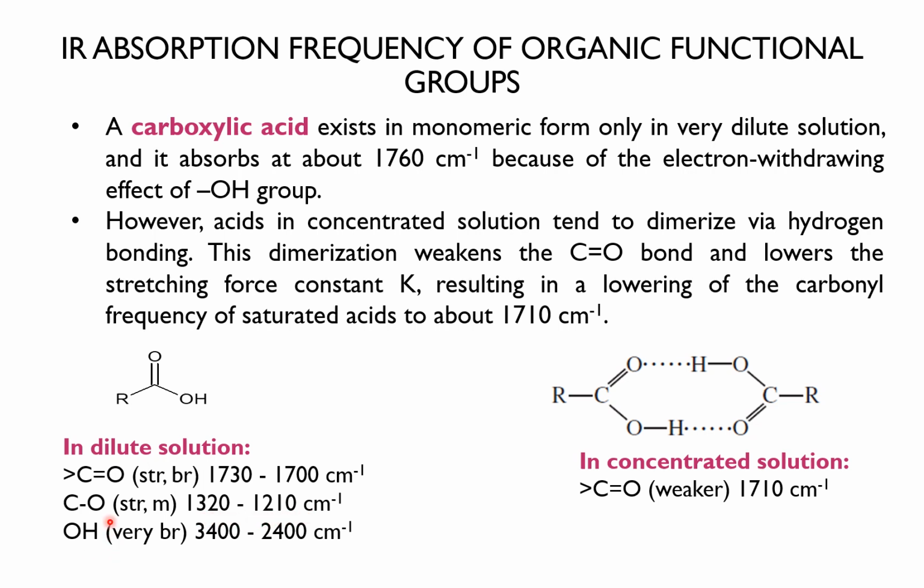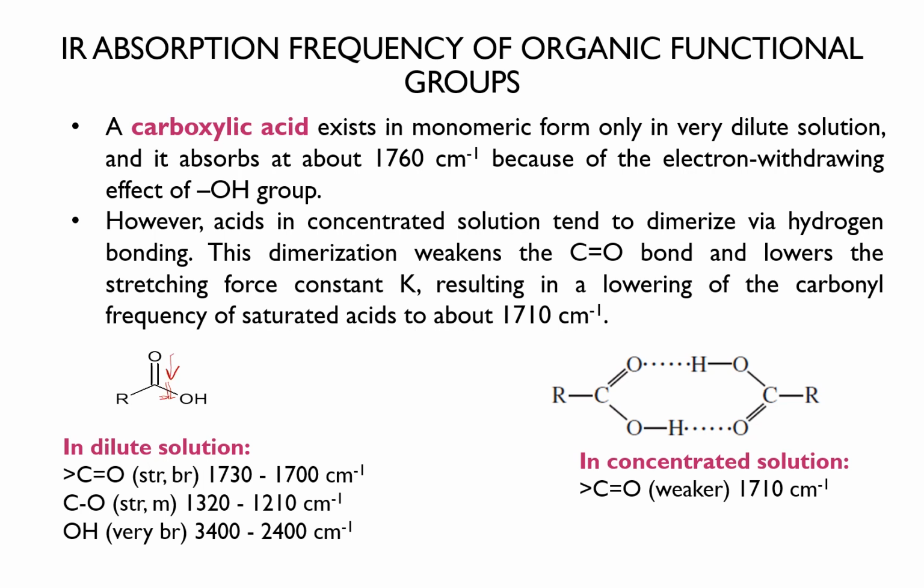And as I said, in the OH stretch region, we will get a very broad band for hydroxyl group, which is in the range of 3400 to 2400 centimeter inverse. So when this OH broad band and carbonyl both are present, that means we have carboxylic acid. So this is for a dilute solution where there is no hydrogen bonding. In that case, there will be electron withdrawing effect of this OH group. OH is going to pull the electron density towards itself.